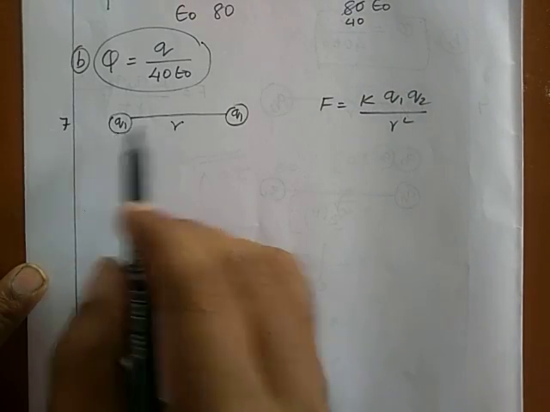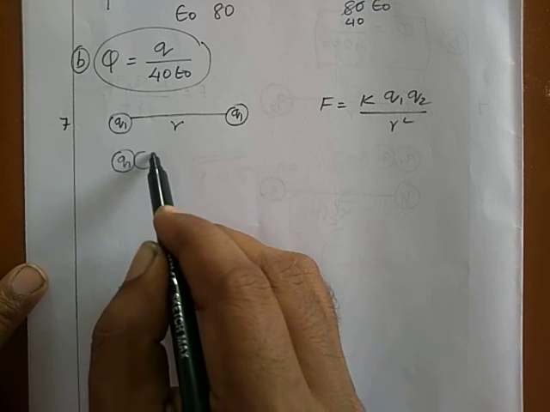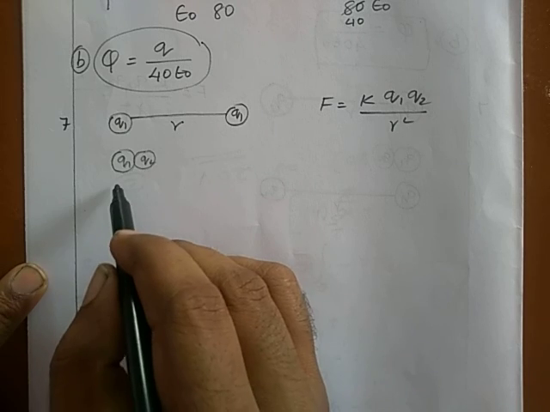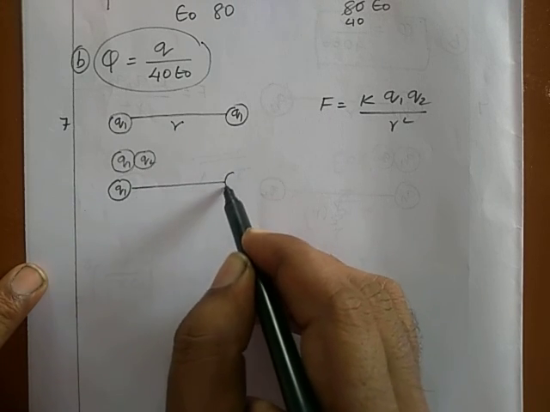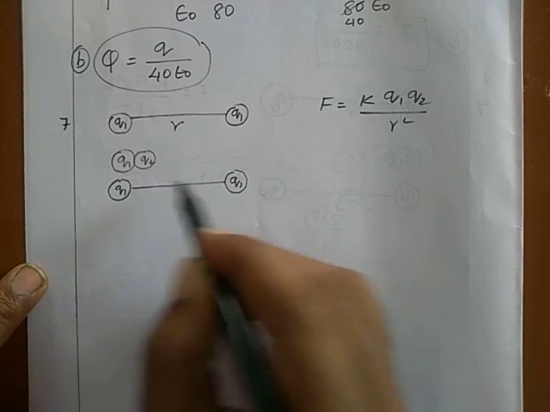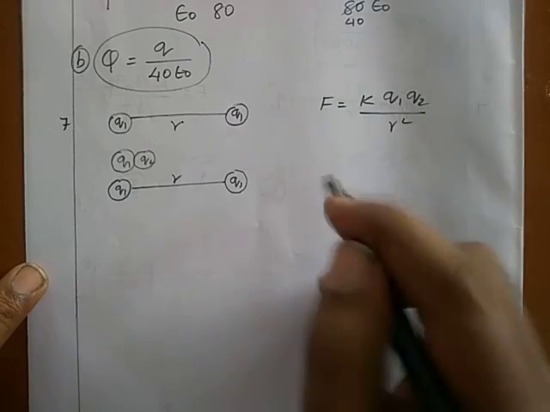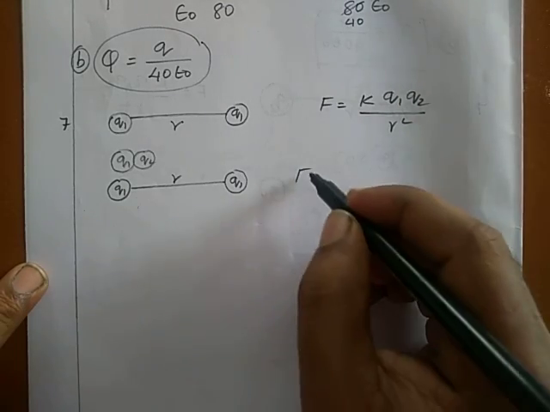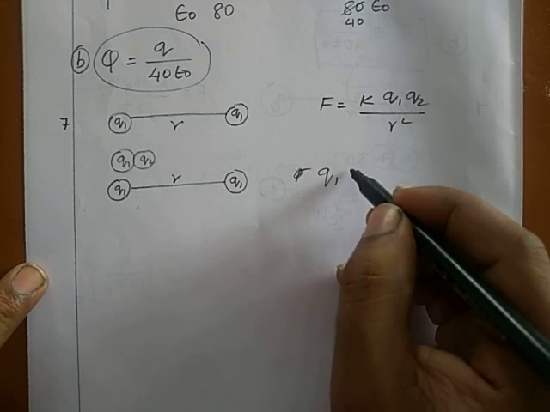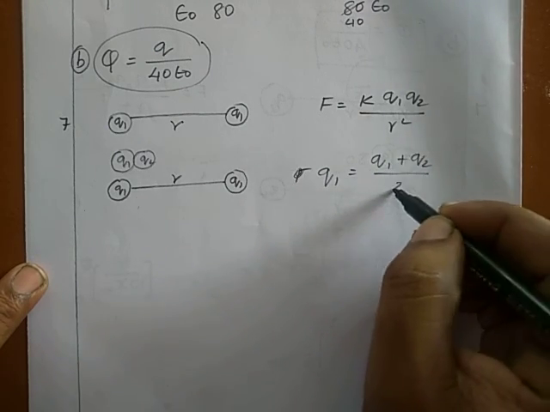Suppose these two charges Q1 and Q2 are made to contact each other, and after that they are placed at the same distance R. For this case what is the force? The charge Q1 becomes Q1 plus Q2 by 2.